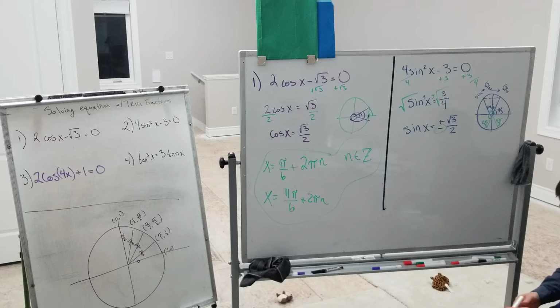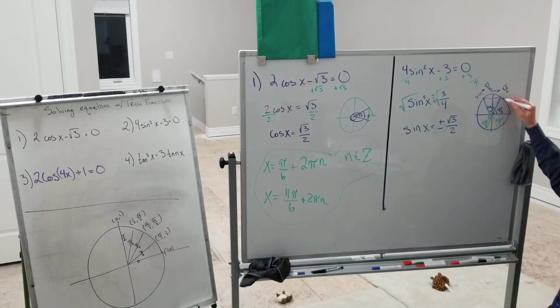Now, if you look at this, you're like, well, this angle and this, those make the same line, right? So if I take this and I add pi to it, I'm gonna get that angle. And same thing here. If I take this and I add pi to it, I'm gonna get that one.